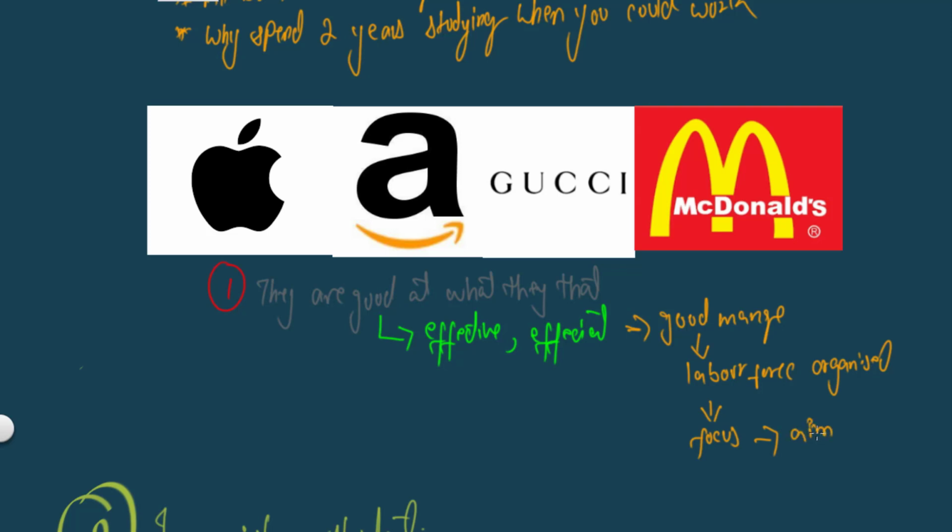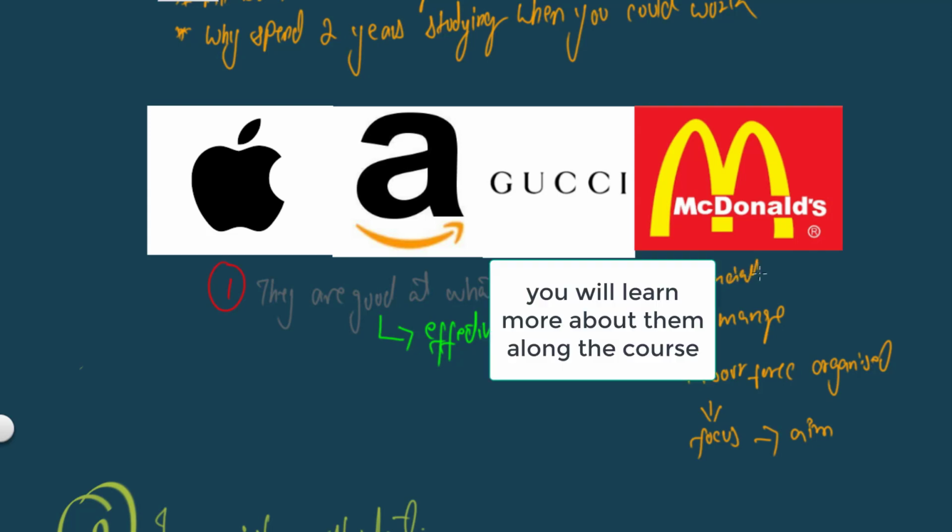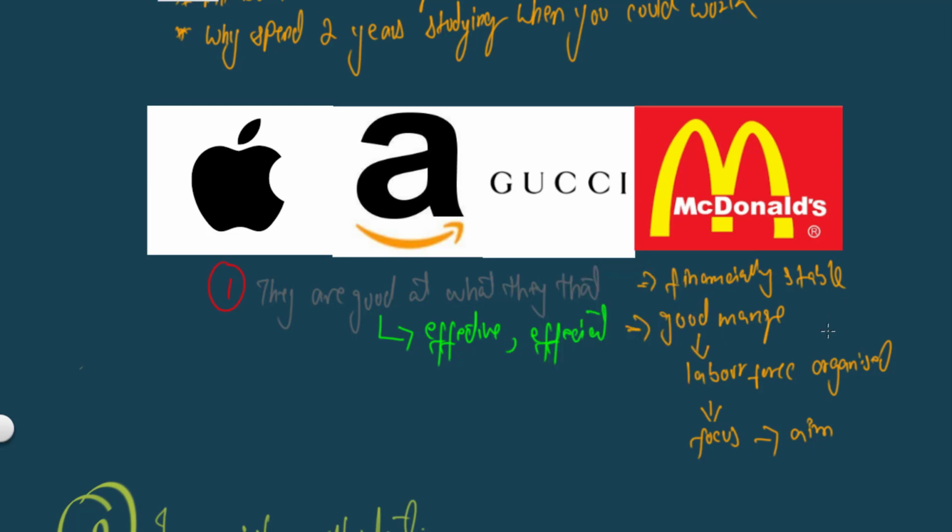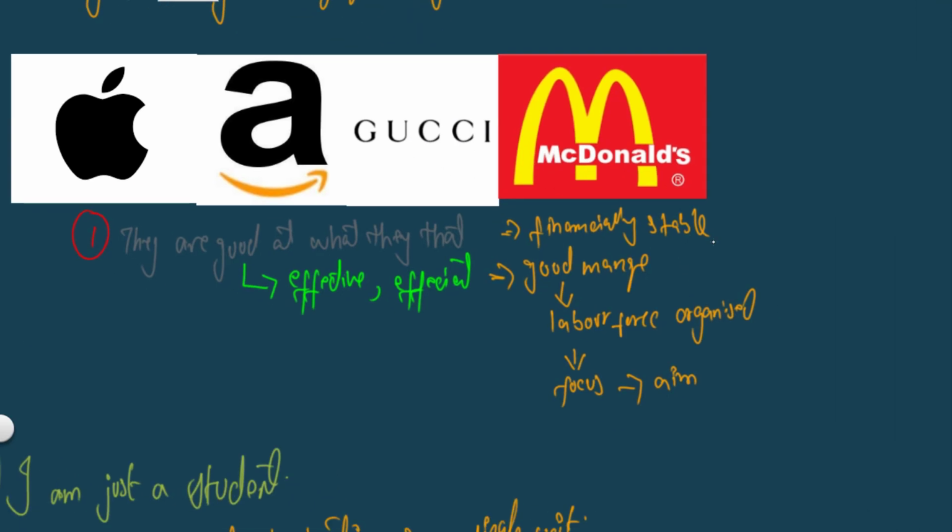What I'm trying to say is that also, one more thing I almost forgot: they are financially stable. In all of these businesses, you will notice that they are financially stable, they have good management, and they have an organized and a focused labor force which allows them to achieve what they are trying to do.